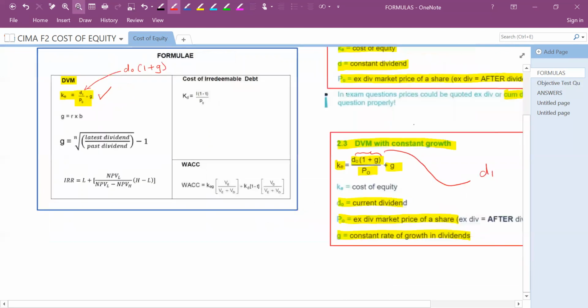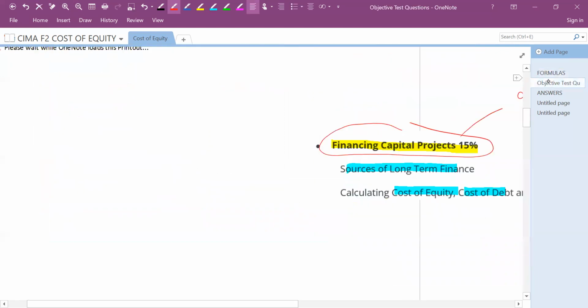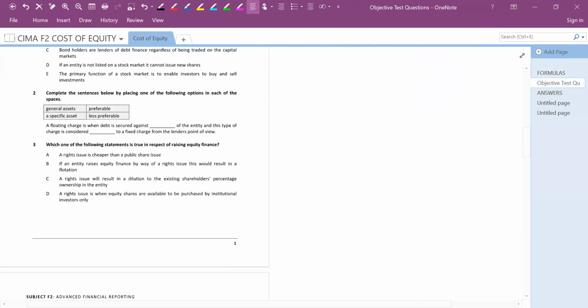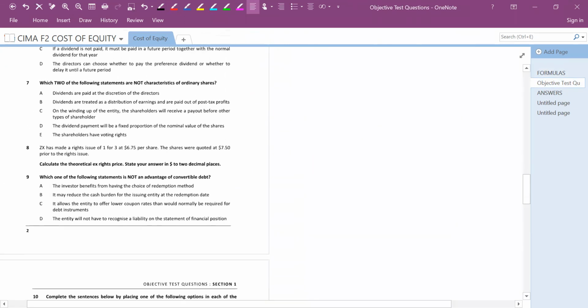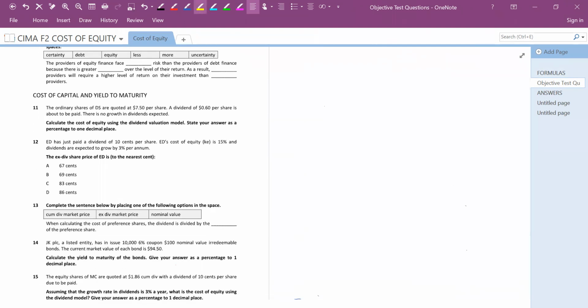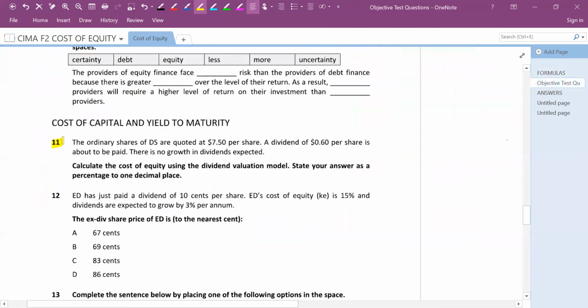So let's look at a couple of questions that require us to apply our knowledge of the cost of equity. So first of all, then, let's look at question 11. So question 11 here, cost of capital.